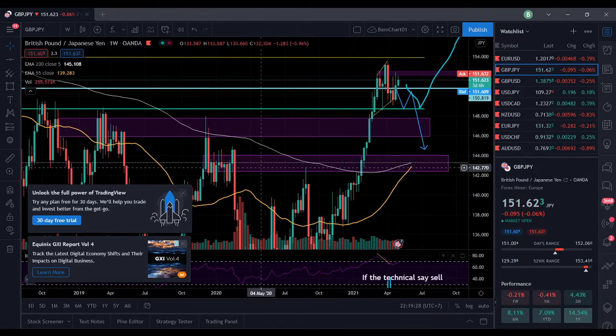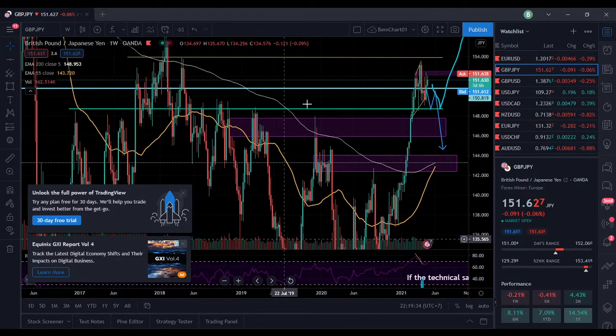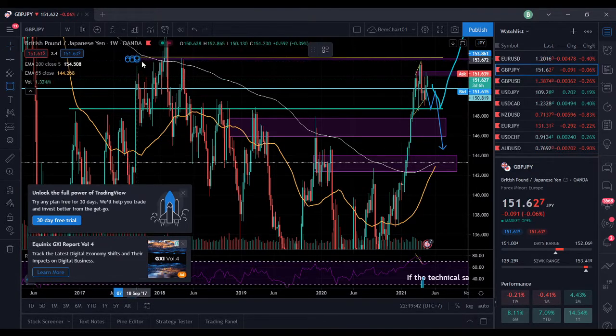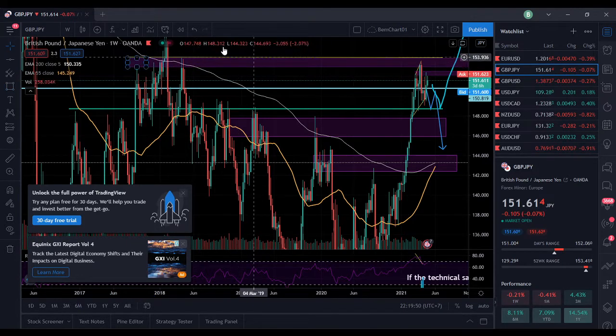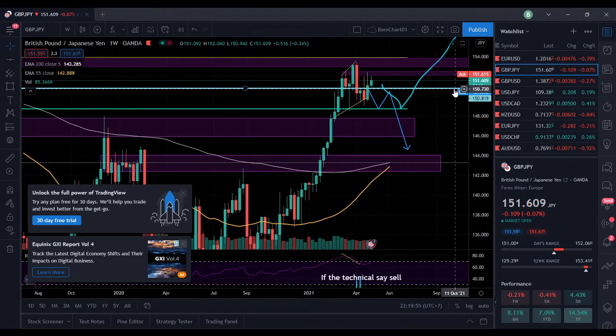as you can see, there are a few resistance areas here. Okay, let me just put in. Okay, so that's a resistance area there.